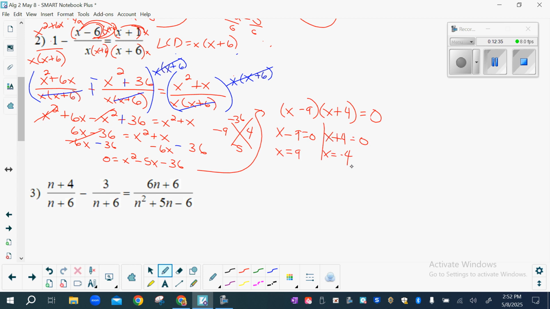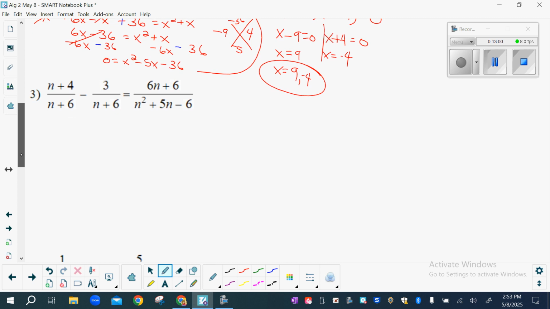So our last thing that we want to do is make sure that neither one of these gives us a 0 in the denominator for the original. It would not. So we're good. So x equals 9 and negative 4, because our zeros would be 0 or negative 6, and neither one of those is a 0 or negative 6.